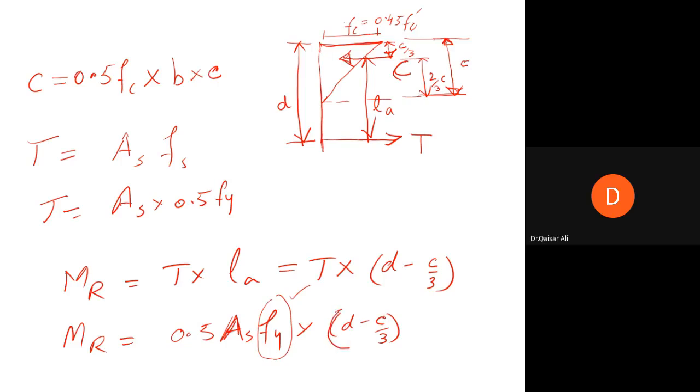But what about c? c is not known to us. Small c is also not. As is also not known to us because As is to be calculated and c is also. These are two unknowns, As and c. Okay. Now let's move ahead with this. You should write down this equation as equation number 1.